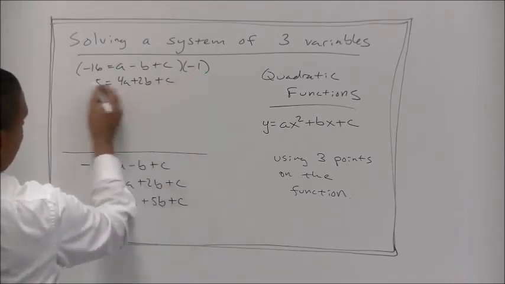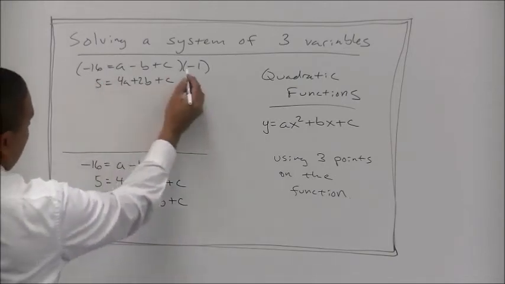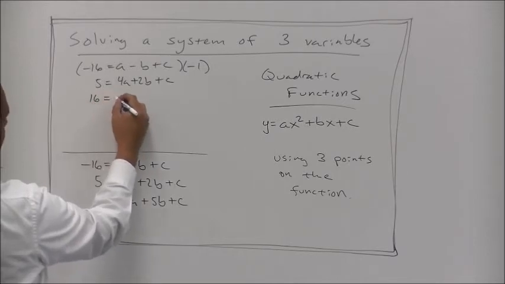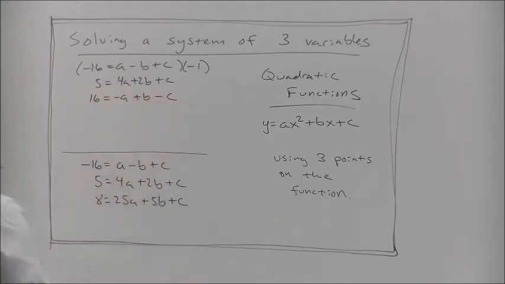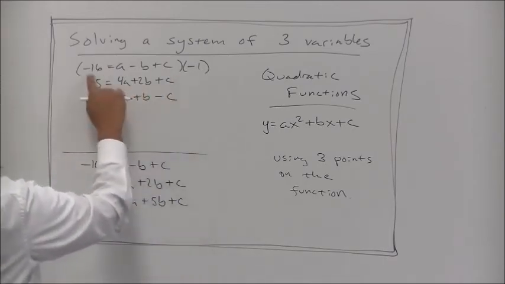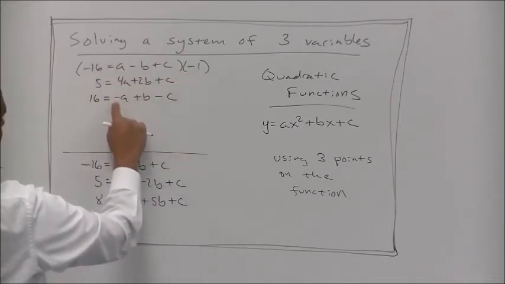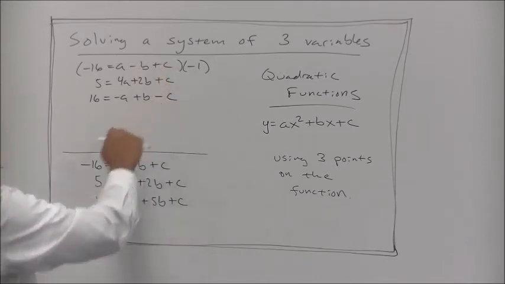Okay, so let's do that. That's the easiest thing to do, and you'll see why in a second. So let's multiply the top by negative 1. So that's going to give us 16 equals negative A plus B minus C. Everybody okay with that? Negative times negative positive, negative times positive negative. Good.